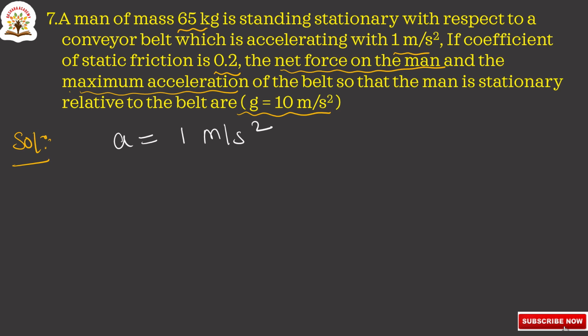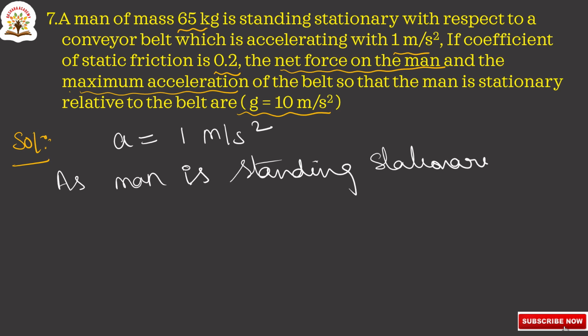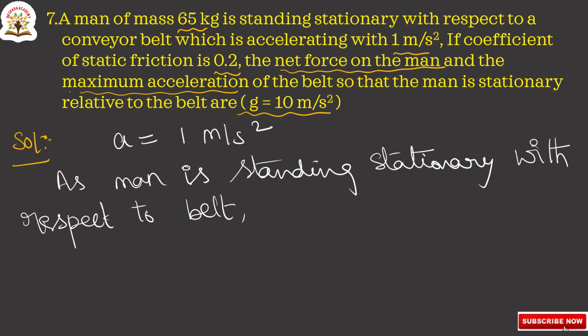So as the man is standing stationary with respect to the belt, acceleration of the man is equal to acceleration of the belt, that is equal to 1 meter per second square.